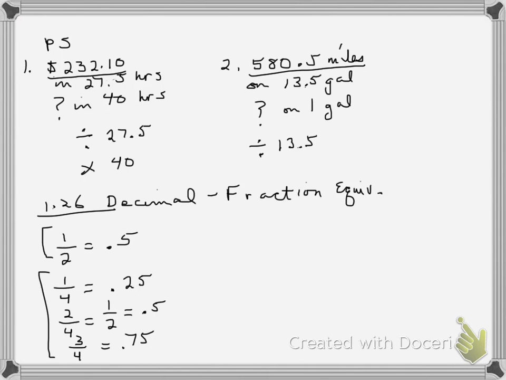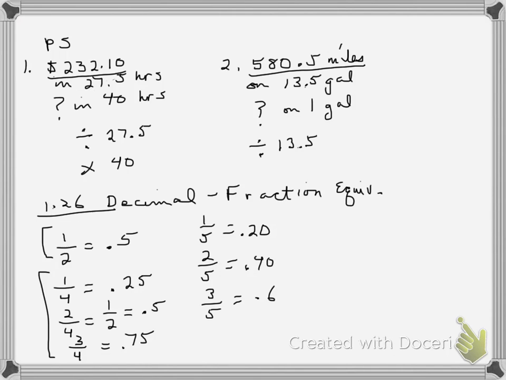Now the next group has to do with fifths, and 1/5 is 0.20, 2/5 is 0.40, 3/5 is 0.60 or 0.6.